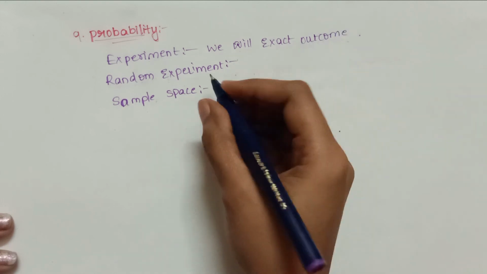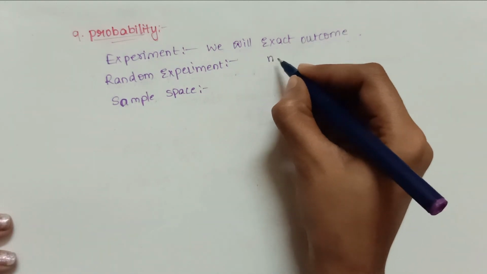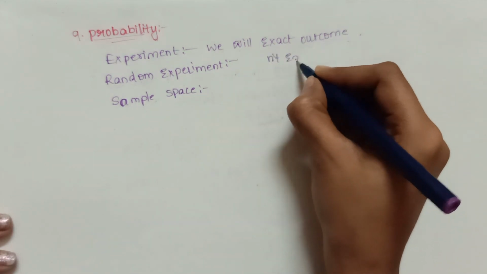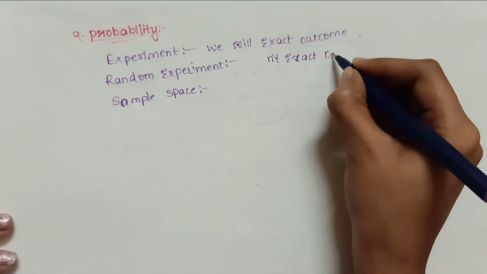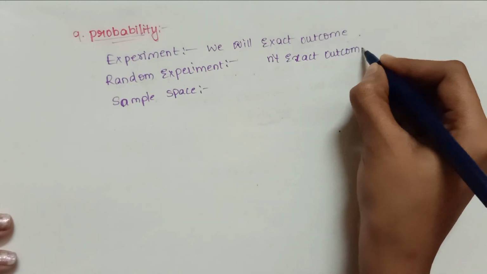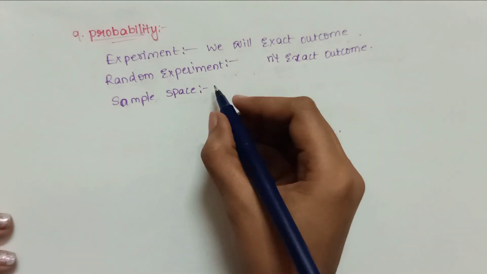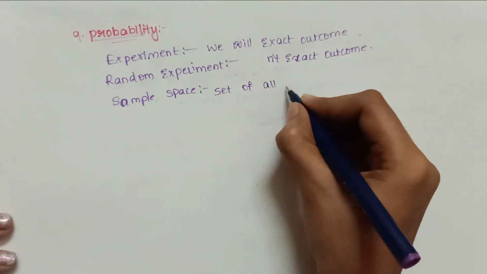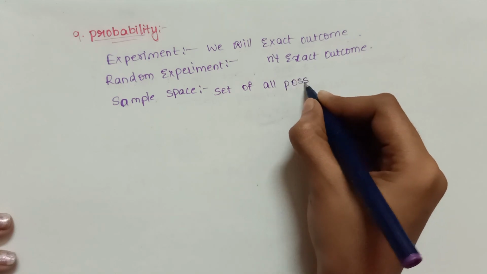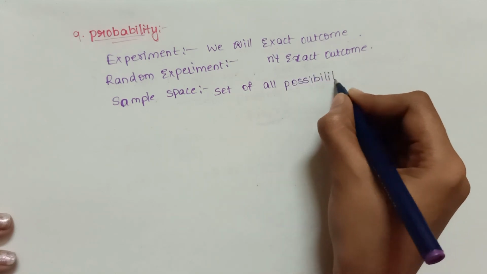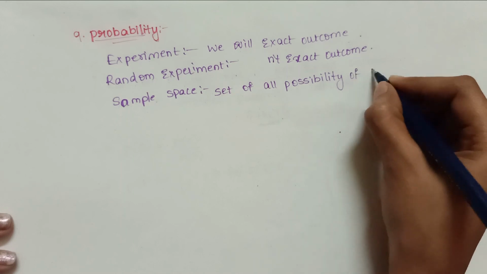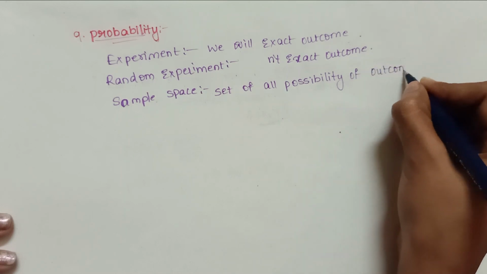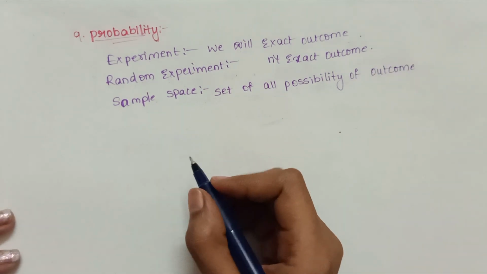Random experiment means we will not get an exact outcome. Sample space means the set of all possibilities of an outcome is called a sample space.